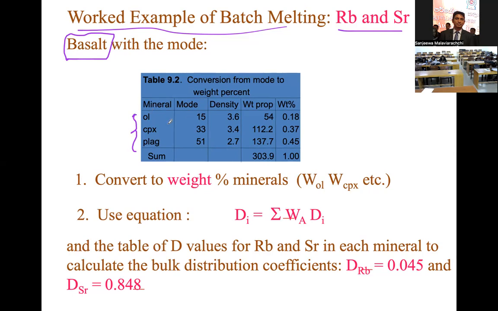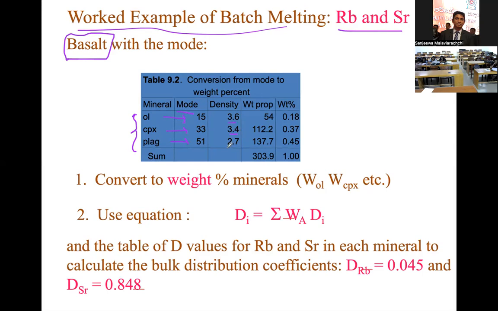Okay, right. So you have olivine 15%. This is the modal percentage, and this is clinopyroxene, the modal percentage given, and the plagioclase is given there. So you have three sets of modes given, and you are given some density values also.